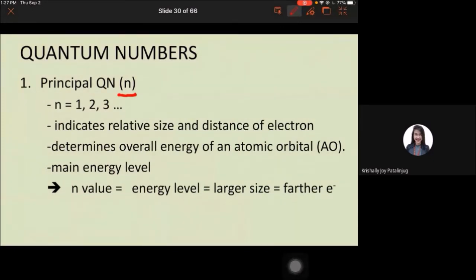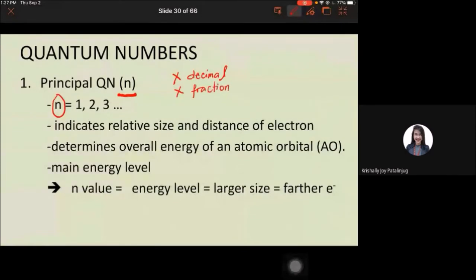Now, what are the possible values of the principal quantum number? Take note, the n value could have any positive integer value. Pag sinabing any positive integer value, hindi po kasali yung decimals, hindi rin po fraction, okay?